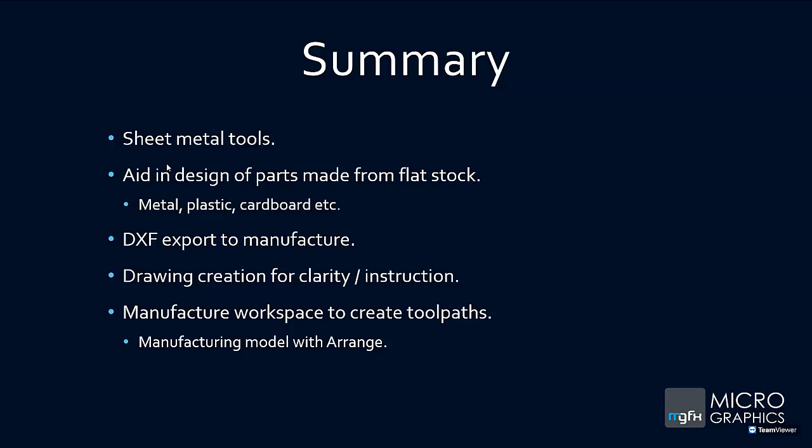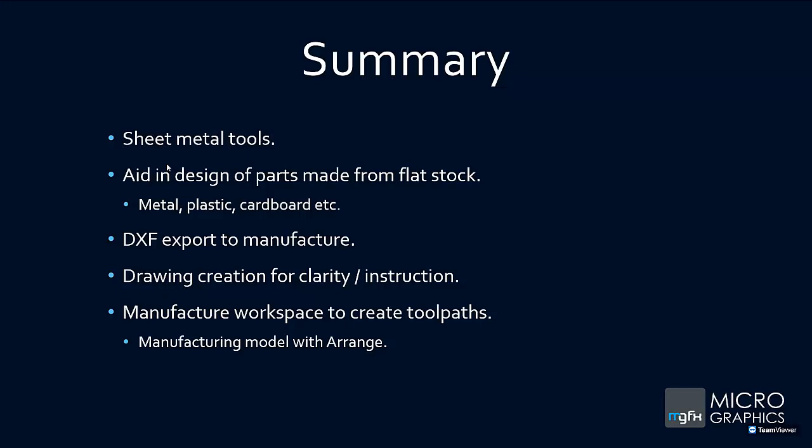And then once again, to finish off the summary, that manufacturing workspace where you are able to create the toolpaths and also the manufacturing model with the arrange option to be able to essentially do some very simple nesting from within Fusion.